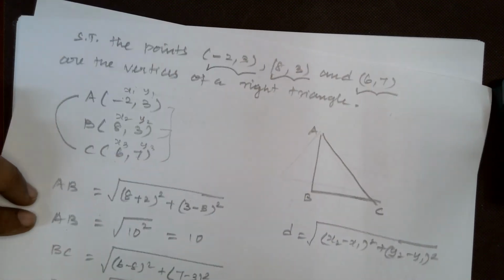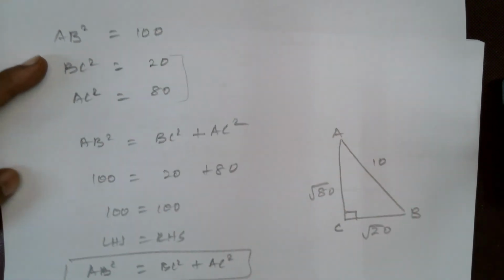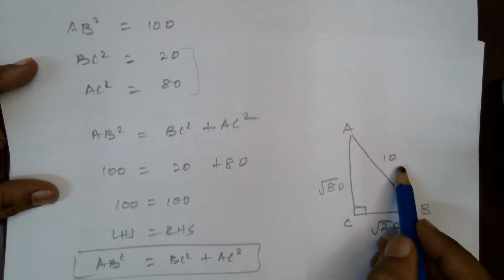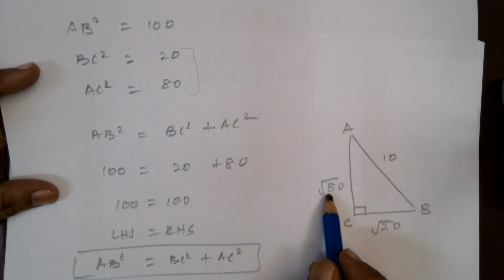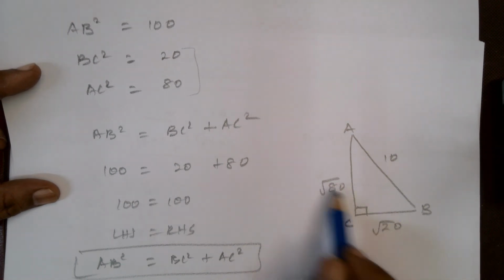That is 10. Are you able to follow? Correct? And therefore the hypotenuse squared, that is 10 squared, 100, is equal to square root 80 squared means 80 plus root 20 squared means 20. So 80 plus 20 is equal to 100.